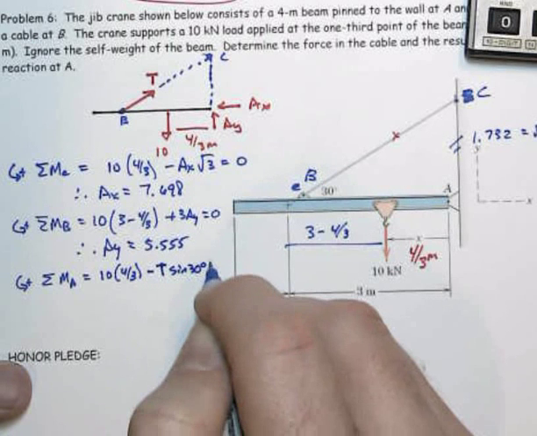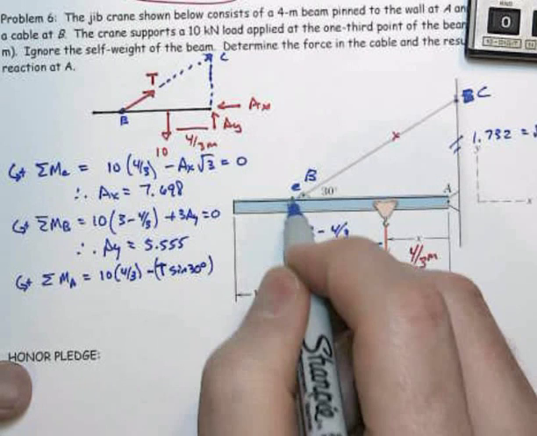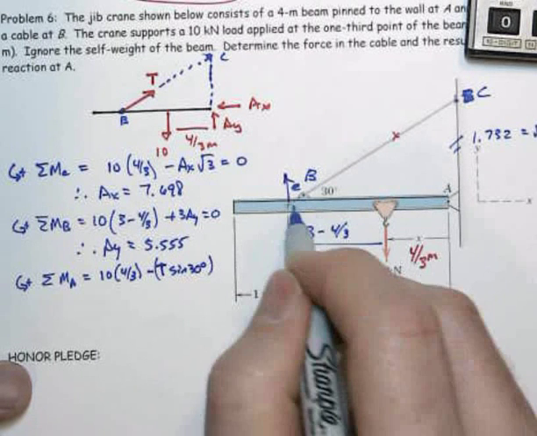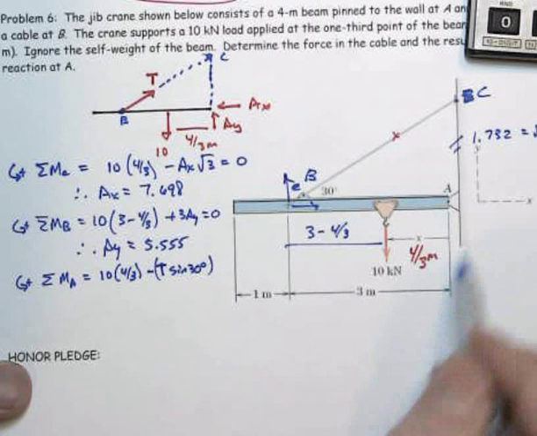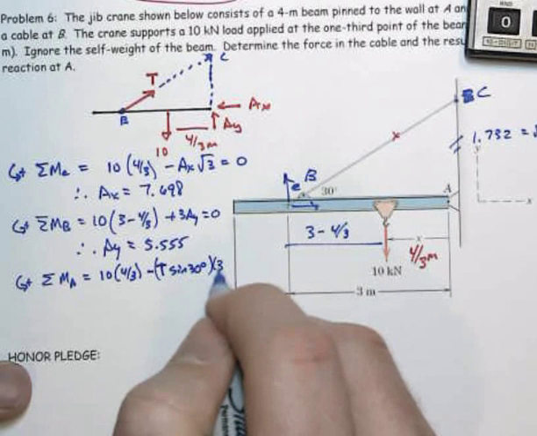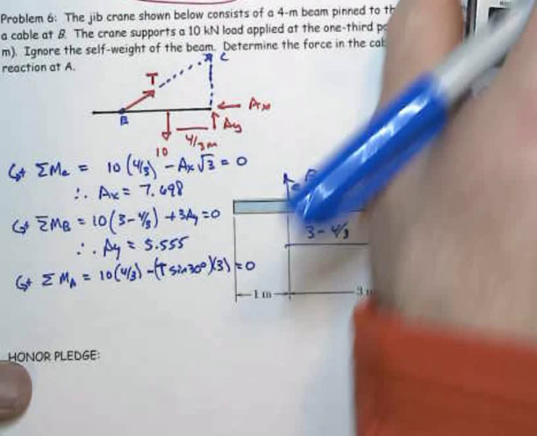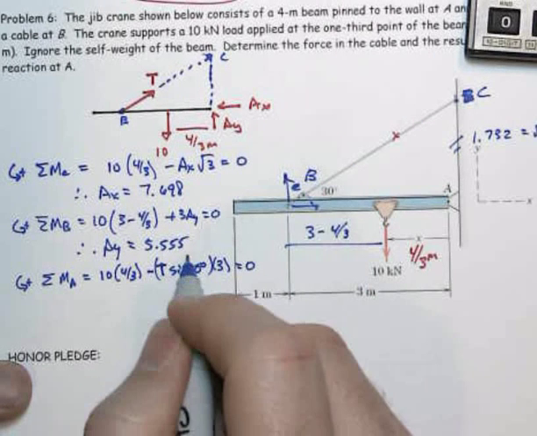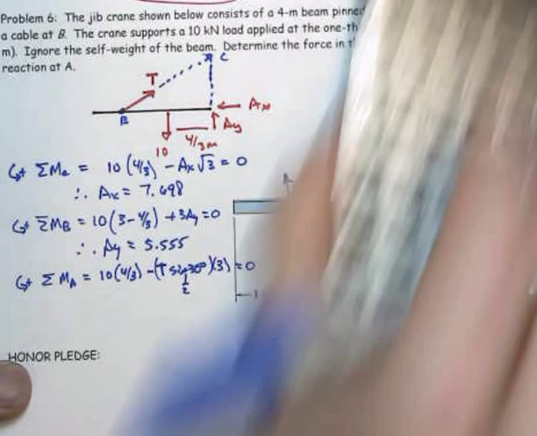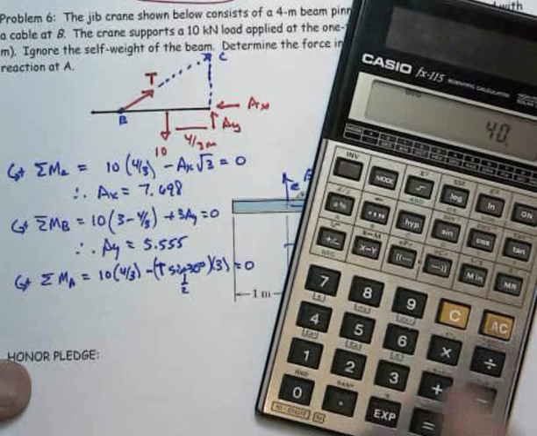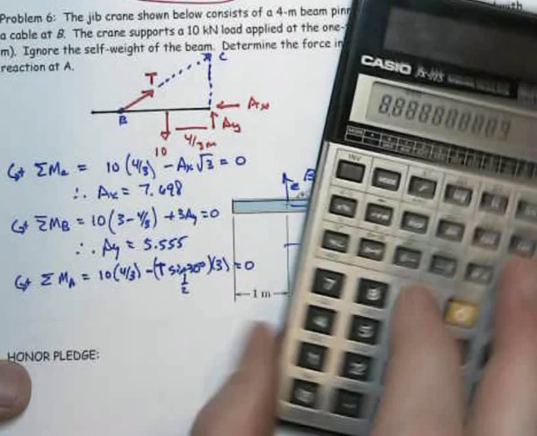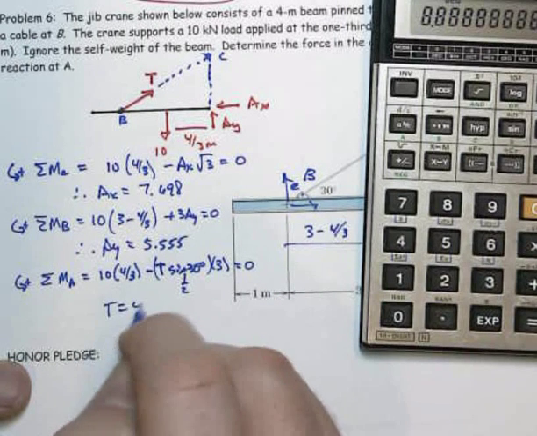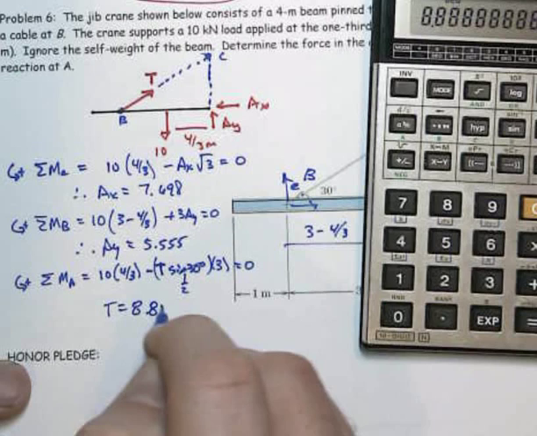And then the moment arm will be, because now I've broken this up into that and that, right? So I'm going to come back and get the 3 meters, set it equal to 0. And of course, sine of 30 is 1/2. And so we get then 40 divided by 3 times 2 divided by 3. And the cable force T equals 8.888, repeating.